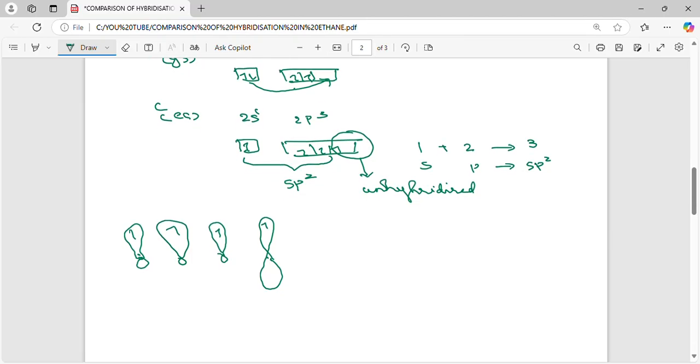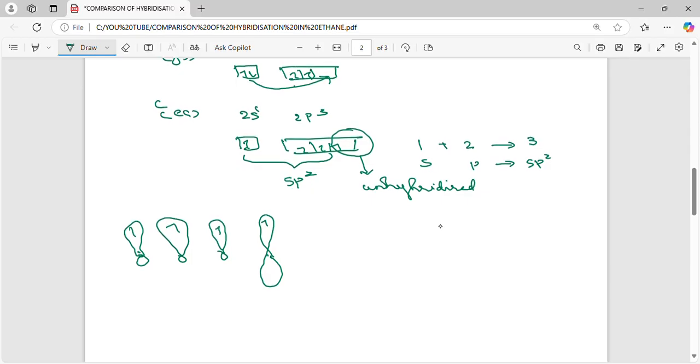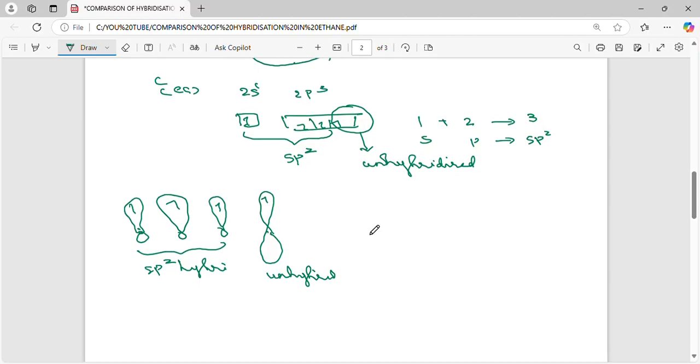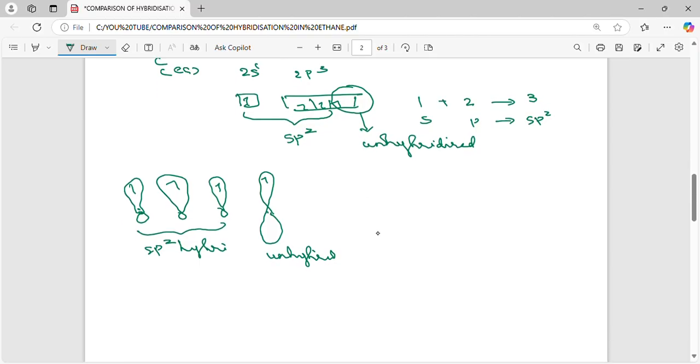So here I have drawn 4 orbitals, in which 3 are hybridized. These 3 are hybridized. The name of the hybridization is sp2. The last one is unhybridized. So this much is the hybridized and unhybridized orbitals of the first carbon.